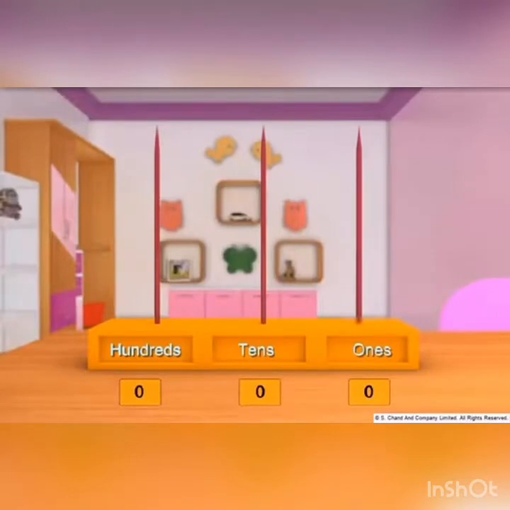Similarly, each bead at the hundreds place represents 100. Using 1 to 9 beads at the hundreds place, we can represent numbers 100, 200, 300, 400, 500, 600, 700, 800 and 900.